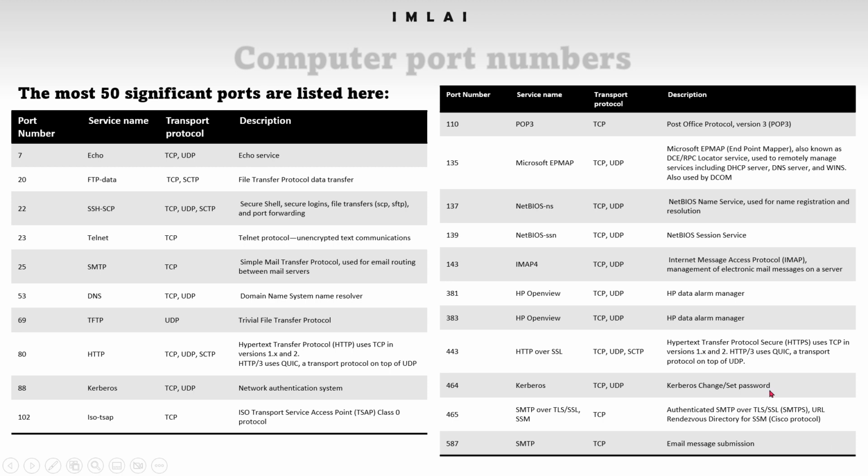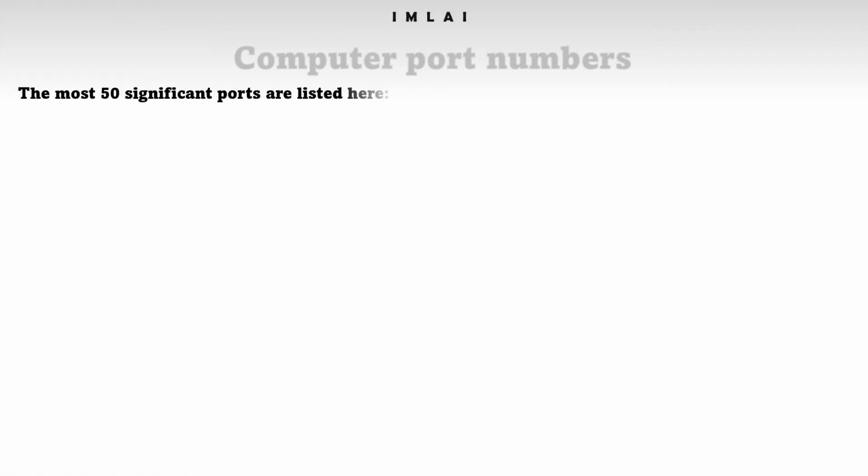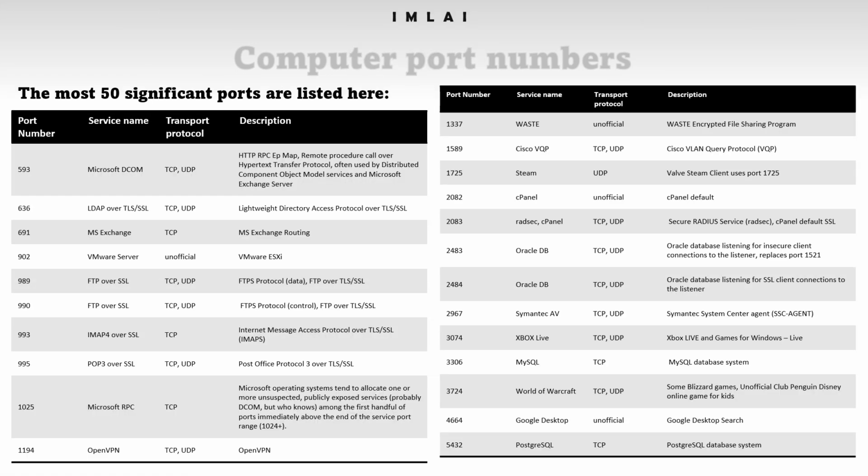Then again we have one more SMTP, but this time it's for email message submission. This is at 587. Then we have Microsoft DCOM, HTTP RPC EP map, remote procedure call over Hypertext Transfer Protocol, often used by Distributed Component Object Model services and Microsoft Exchange Server.